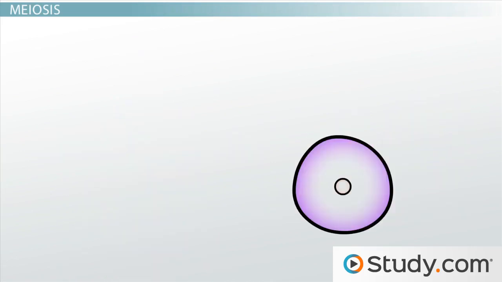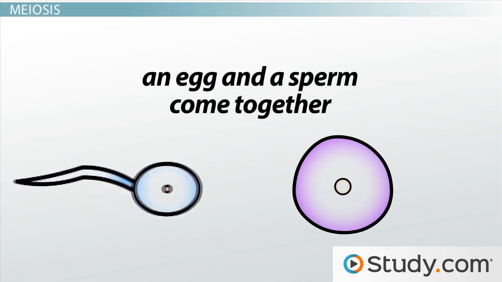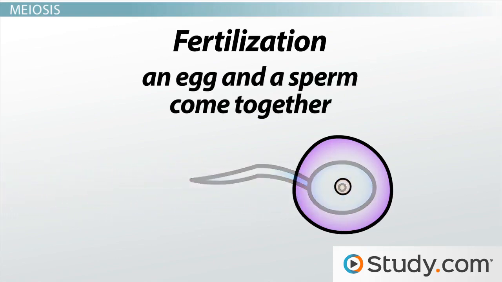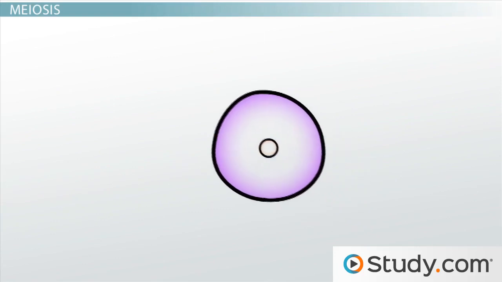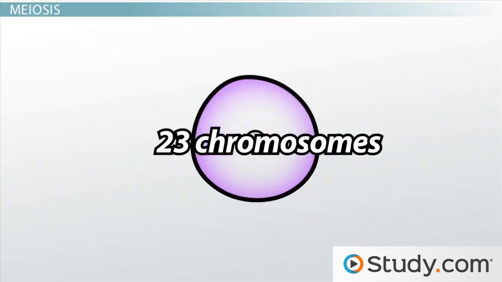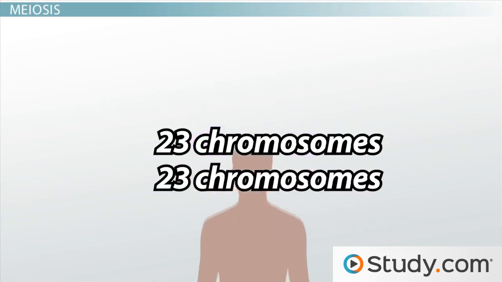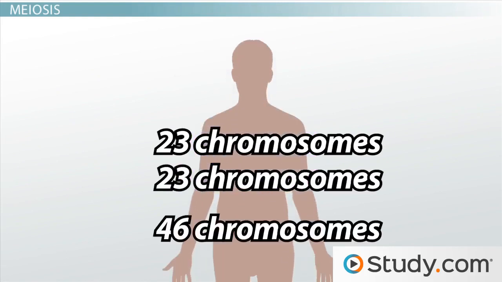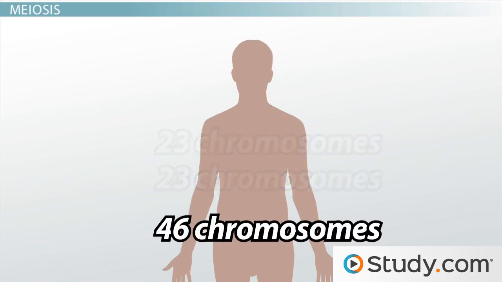That might seem strange, but it works out really nicely when an egg and a sperm come together, which is a process called fertilization. When fertilization occurs, each gamete contributes 23 chromosomes. Add 23 and 23 together, and you get 46. In other words, you create the first full body cell of the new human.